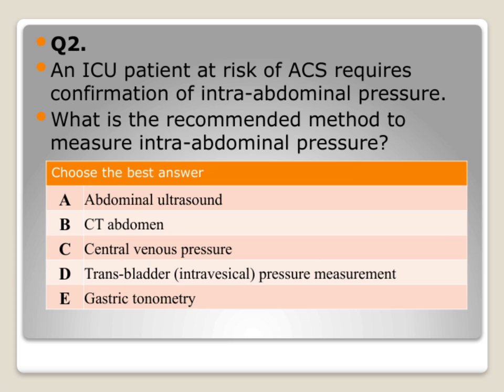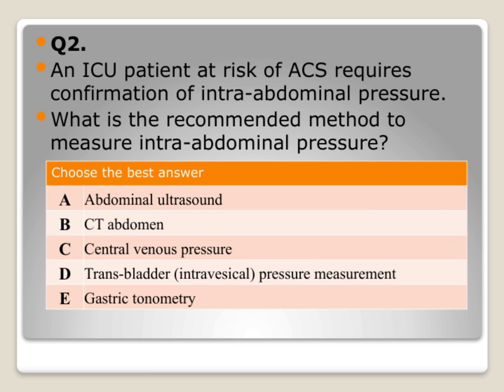That leaves us with option D, transbladder or intravesical pressure measurement. This method involves instilling a small amount of saline into the bladder and measuring the pressure through a catheter. It's widely regarded as the gold standard for assessing intra-abdominal pressure because it's minimally invasive, reliable, and directly reflects the pressure within the abdominal cavity.